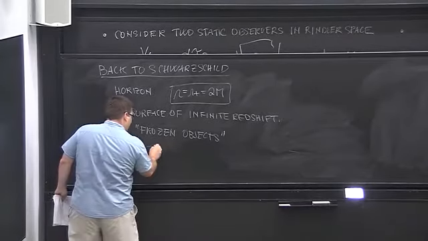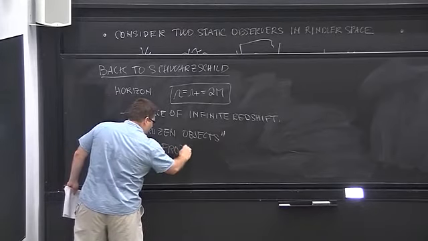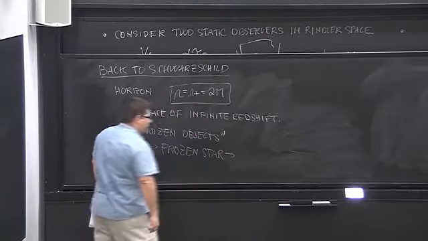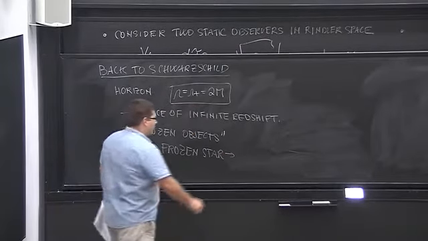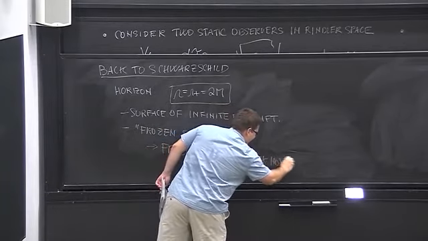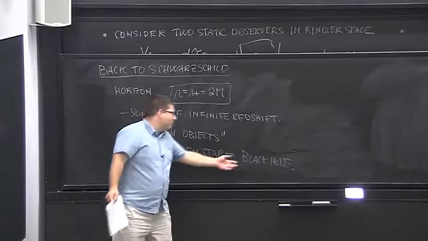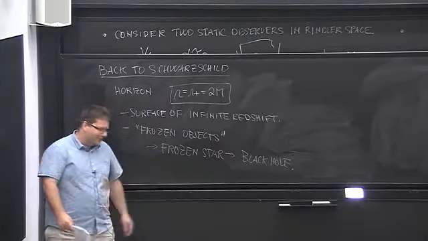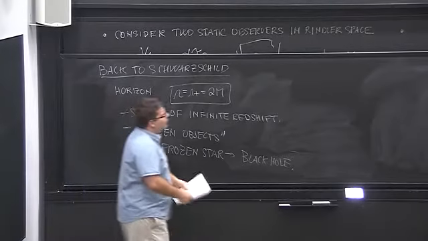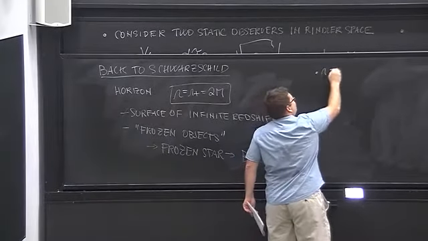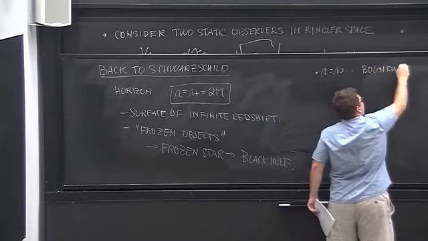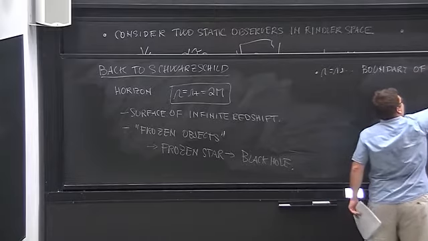And so the idea was to call this a frozen star. But then, thanks to Wheeler, it got renamed to a black hole. Certainly the term black hole is more sexy than frozen stars. That's why people chose it. Okay, so anyway, r equals r plus is a boundary of the black hole.